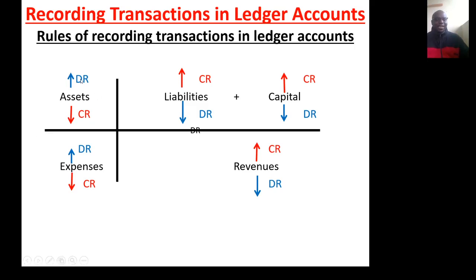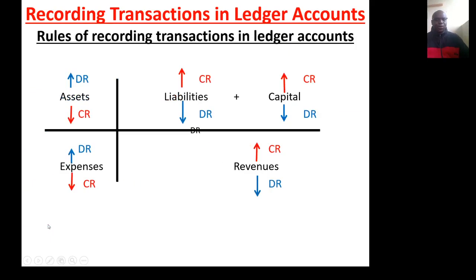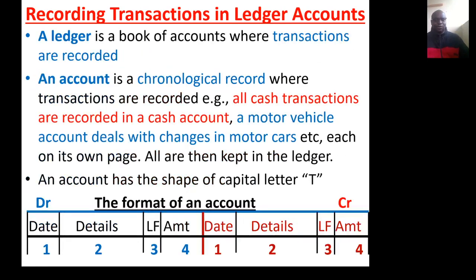So when an asset account increases, you record that transaction on the debit side. That is this side, left side. And when an asset account decreases, you record that transaction on the right side of an account, this side.